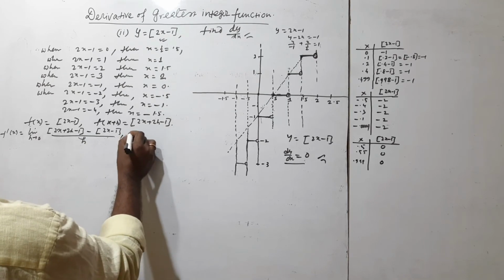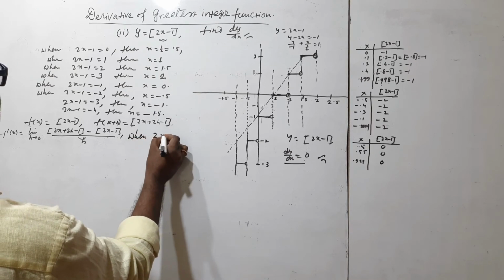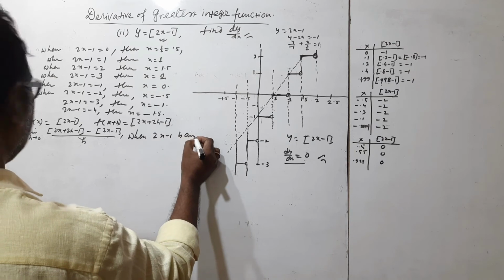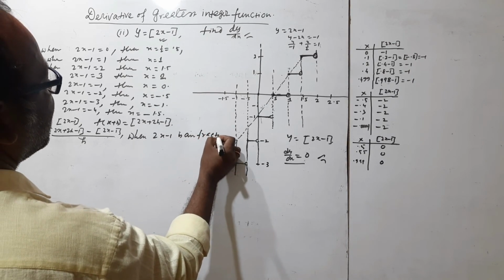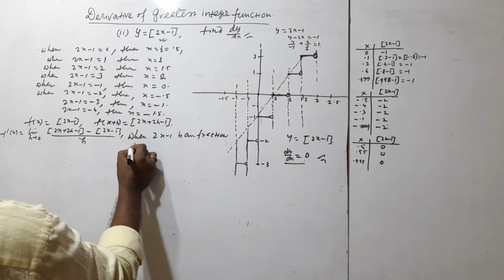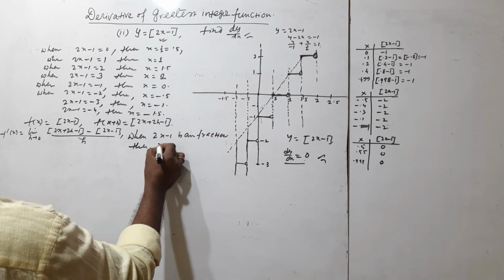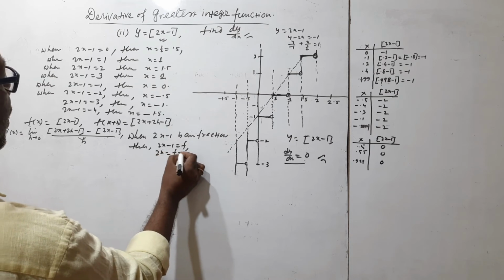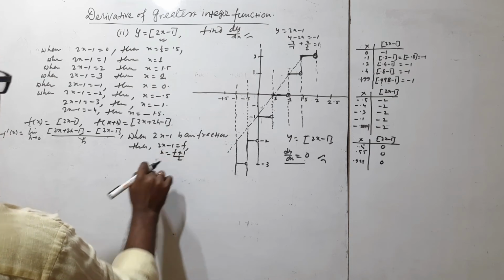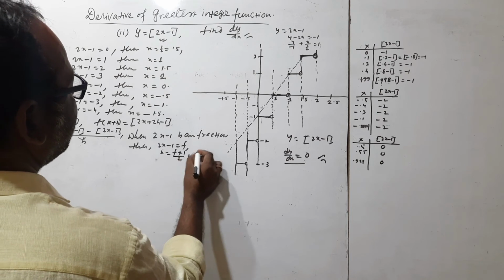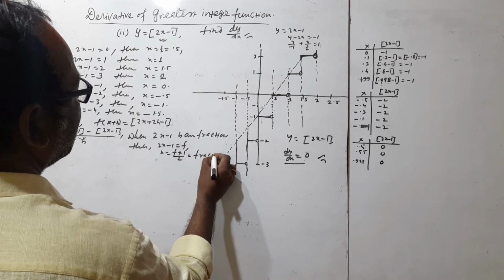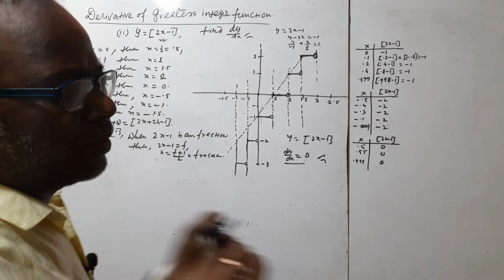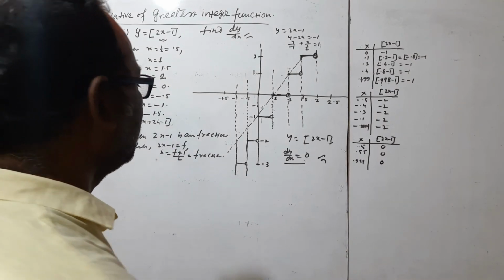When twice x minus 1 is a fraction, let us assume the fraction value is f. So twice x is equal to f plus 1, so x is f plus 1 over 2. This is a fraction, but not a multiple of 0.5.